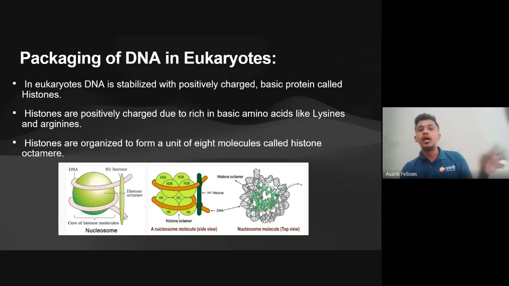So in eukaryotes, we have specialized proteins called histone proteins. As I have already mentioned, the histone proteins have to be positively charged proteins. And for them to gain a positive charge, students, it's very simple to analyze the biochemical nature of anything based on the ratio of what chemical compounds are present.